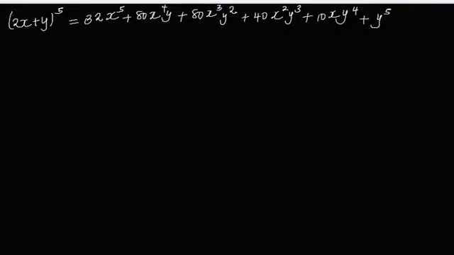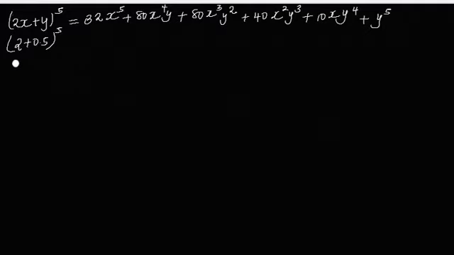Now we want to use our expansion to evaluate 2.5 to the power of 5. Now, 2.5, we can write it as (2 + 0.5) to the power of 5. And if we do that, then we can see that 2x corresponds to 2.